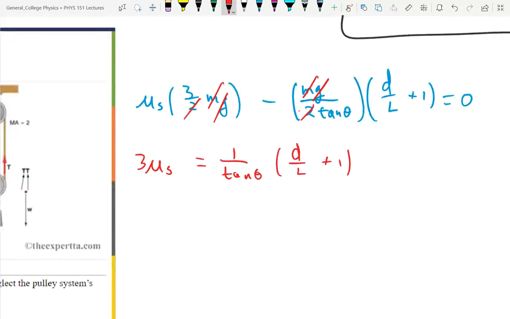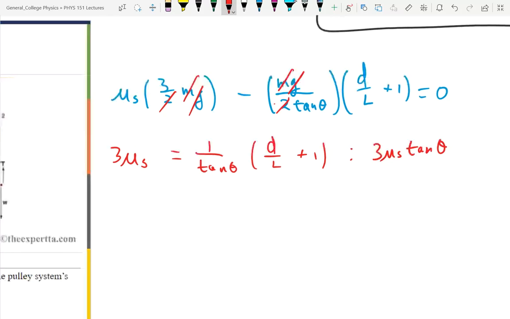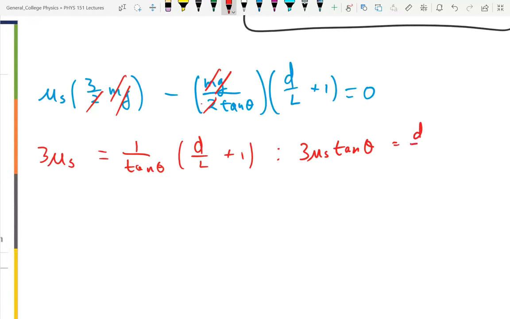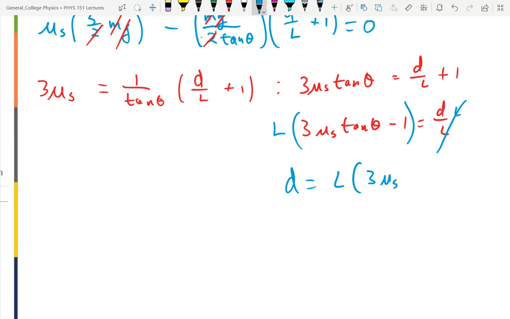So obviously multiply both sides by tangent theta. Subtract 1 from both sides. And then finally multiply both sides by L. And we have D is equal to L times 3 mu s tangent theta minus 1.